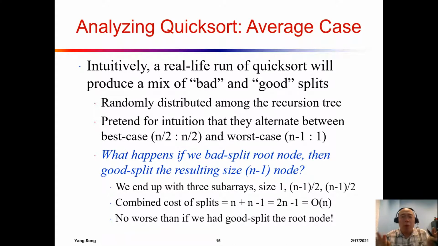We don't know. But there is a probability. The chance will be equal that we have a 1% to 99%, or 2% to 98%, or 3% to 97% partition. We want to consider all the possible chances so that we can do a really accurate analysis of the average case.